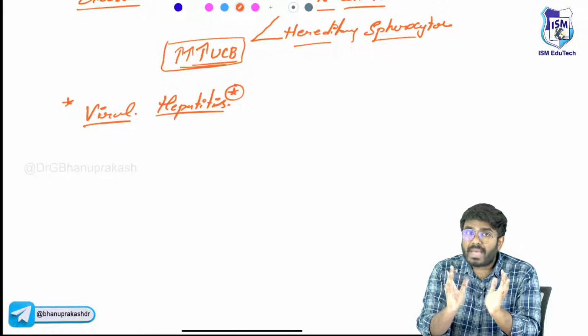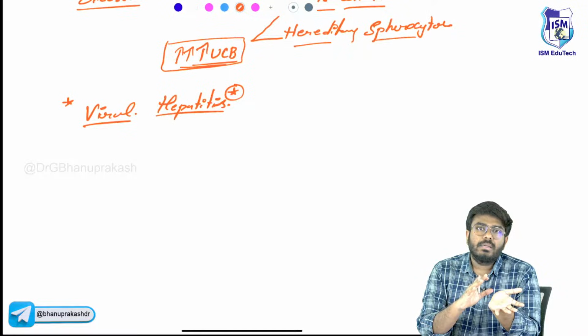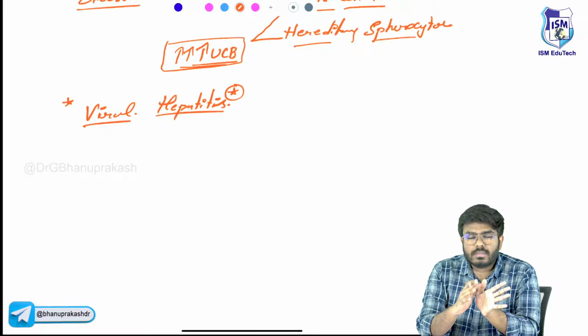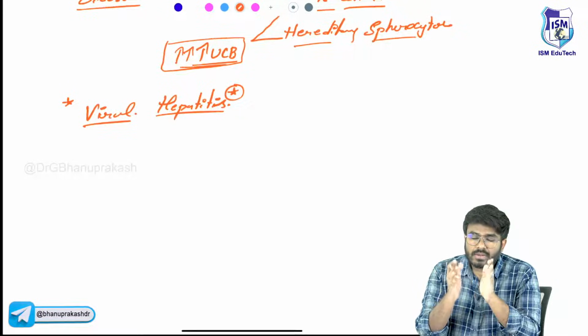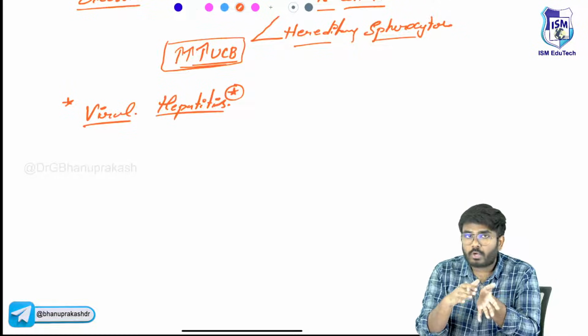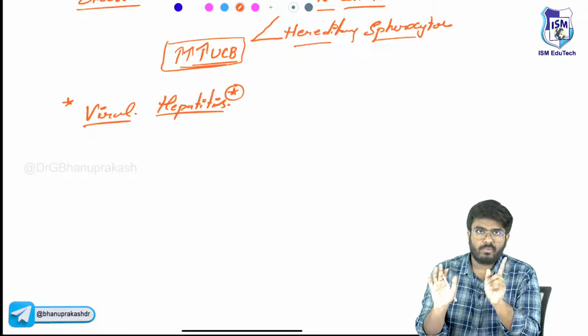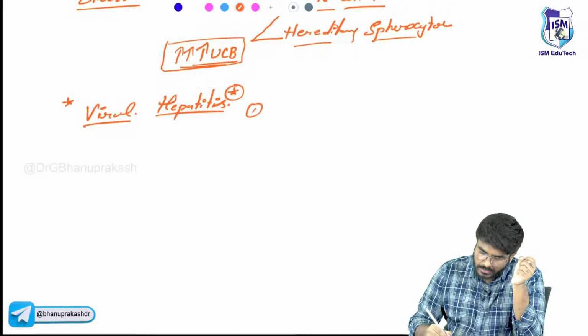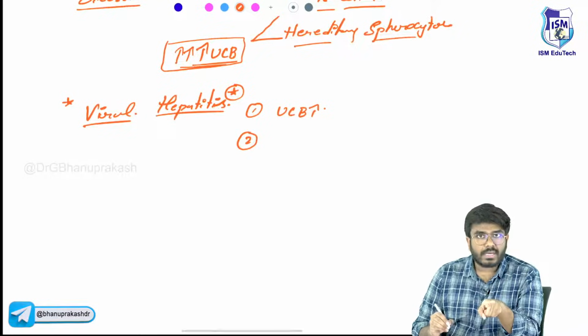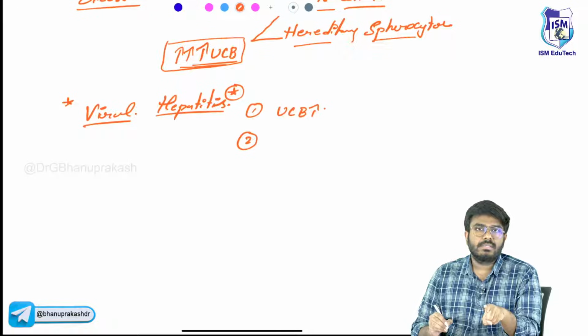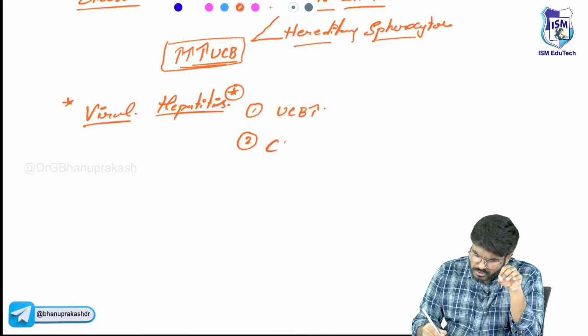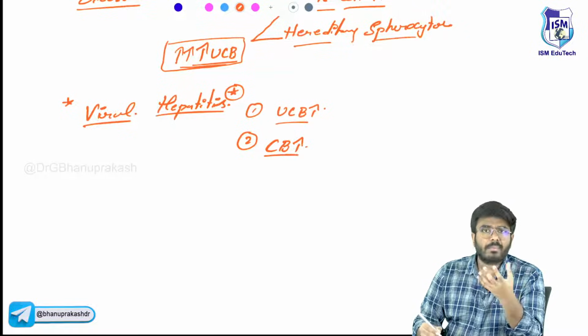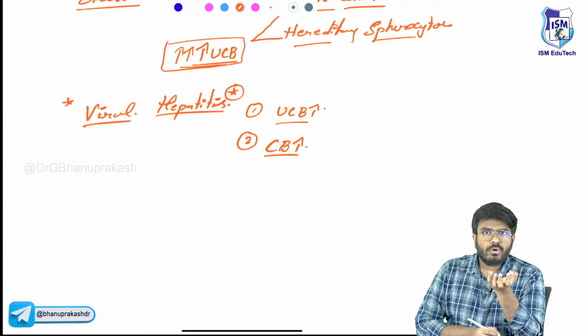So the liver's capacity to convert unconjugated bilirubin into conjugated bilirubin decreases, and the unconjugated bilirubin level increases. Not only that, in many cases in your exams, they will say conjugated bilirubin levels also rise. Why? Because the hepatocytes are dying.